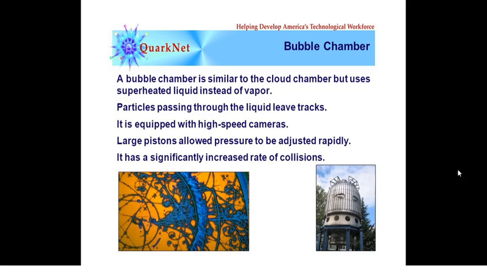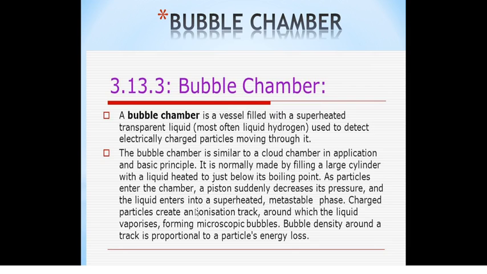So that is a figure showing the bubble chamber, and these are the paths of the charged particles, which are photographed. Again, a bubble chamber is a vessel filled with superheated liquid. Often we use liquid hydrogen. It is used to detect the charged particles moving through this liquid.